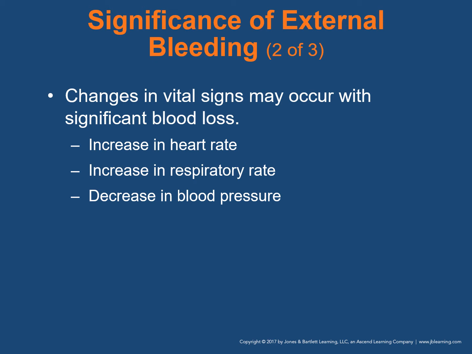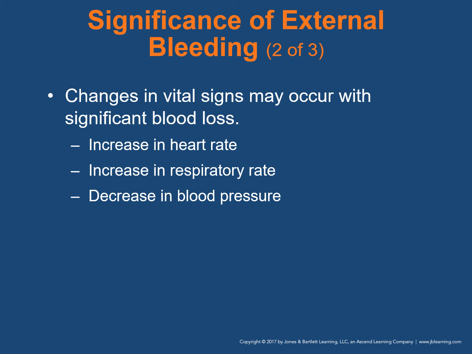So when my body recognizes that I have a bleed, especially a significant one, I'm going to see an increase in the heart rate, because basically my body is saying, something's wrong. I'm not getting the oxygen I need. You know what? I need to pump it quicker. It's not that I'm bleeding, it's that my heart's not doing a good job. So let's do it quicker.